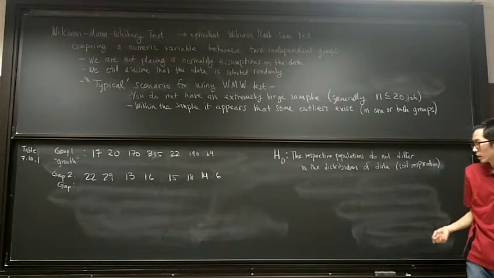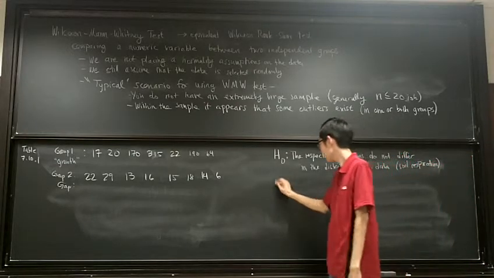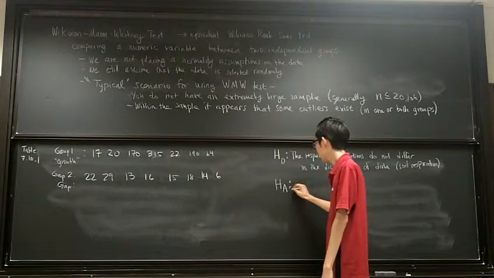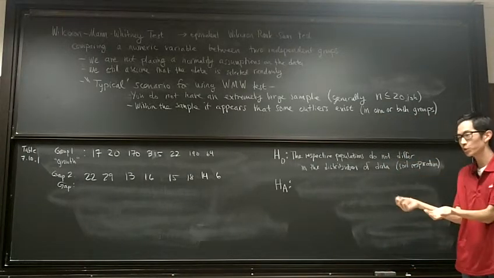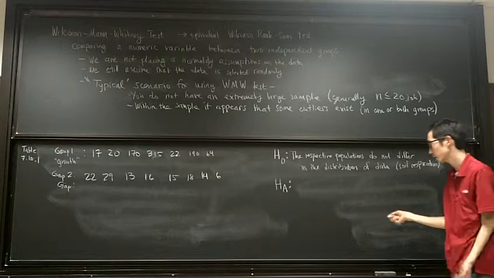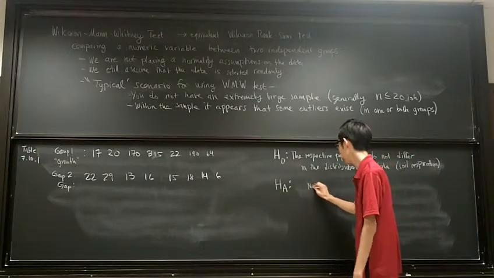And then the alternative: the non-directional alternative would be that the distributions are different.